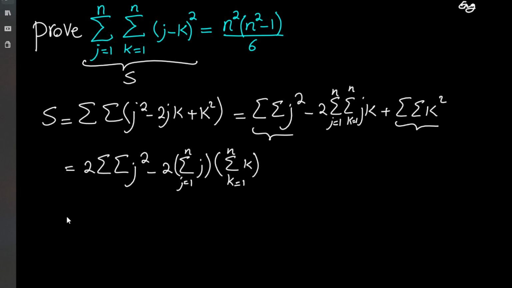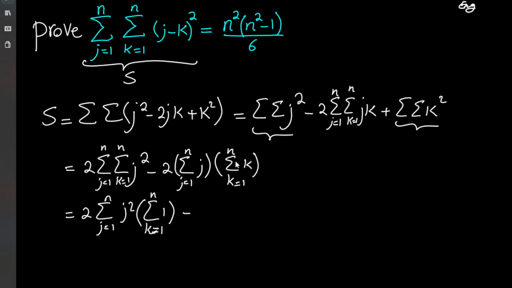All right, so I'm going to rely on two well-known summations. As you can see, j squared, which is the argument of the summation, does not depend on k. So I can rewrite this one as sigma j from 1 to n, j squared outside, and then sigma k from 1 to n of 1.